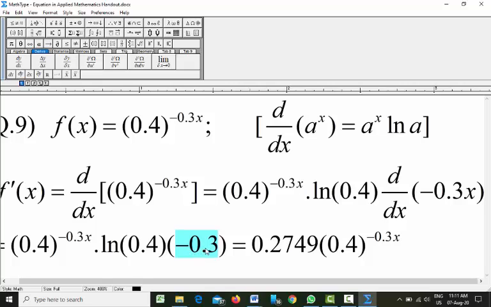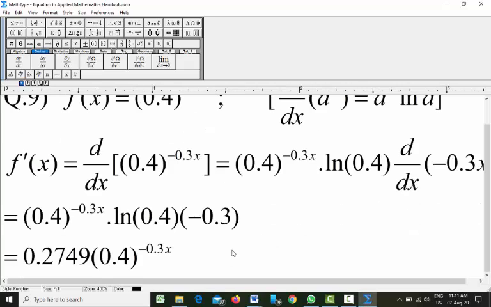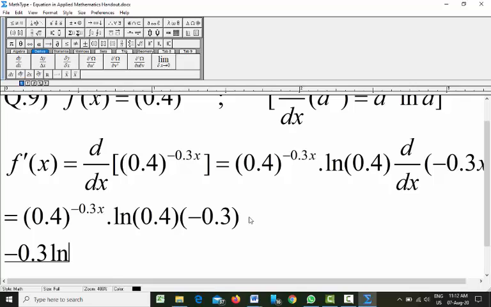Now, if you multiply this minus 0.3 with this ln 0.4, you will get... do it like me. Press minus 0.3 in your calculator, the way I am typing. Press minus 0.3 first, and then there is an ln button in your calculator.